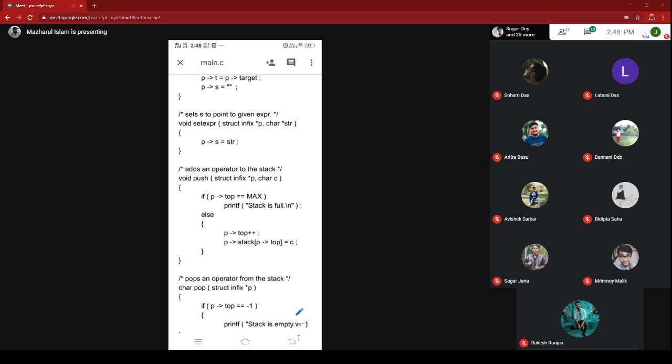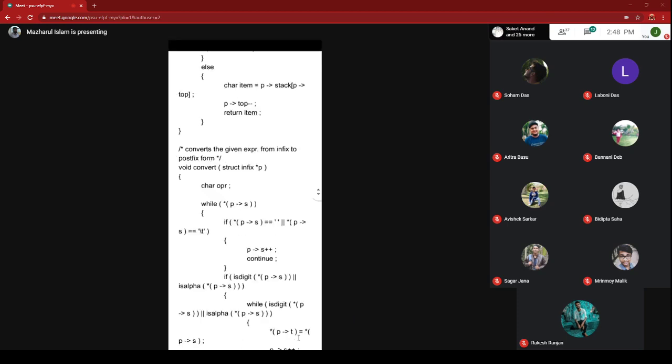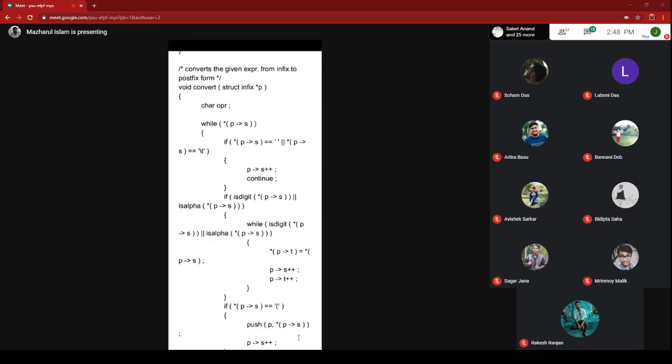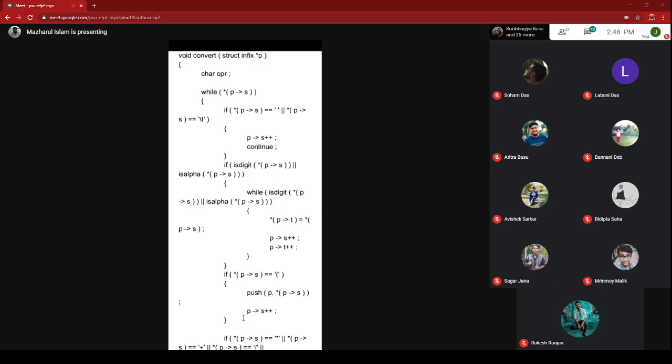Now using this pointer variable you are retrieving the character in the while loop, while it is not equal to null. Within the loop, you are checking whether it is a tab or single space. Tab and single space will not be counted, so they will be skipped.